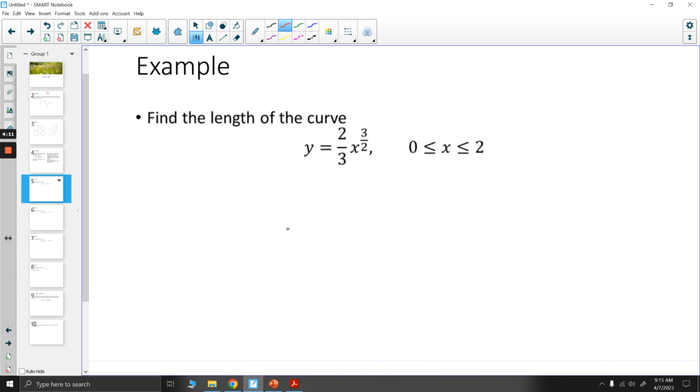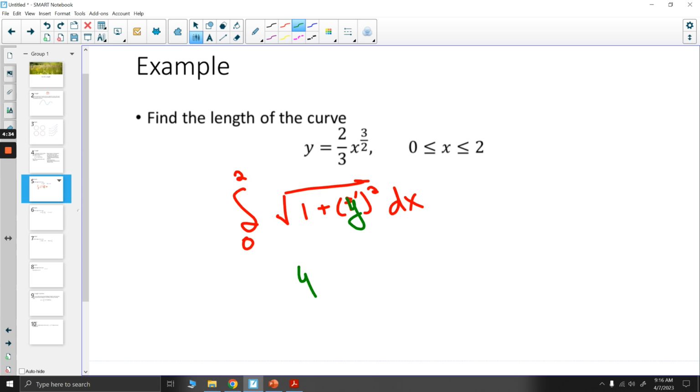So again, the idea here is we're going to take the integral from a to b, in this case from 0 to 2, of the square root of 1 plus f prime squared dx. That is to say we need to find f prime, or y prime, whatever. Maybe I could call this y prime. So we need to find y prime first.